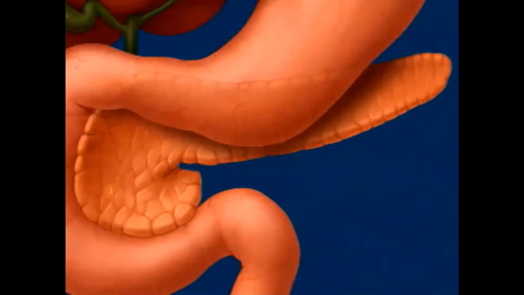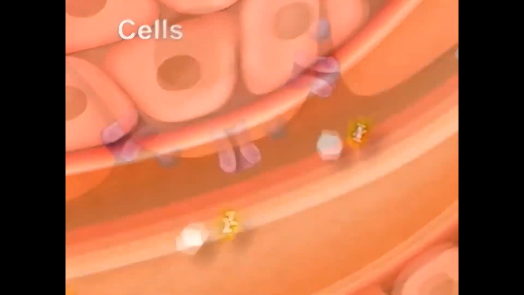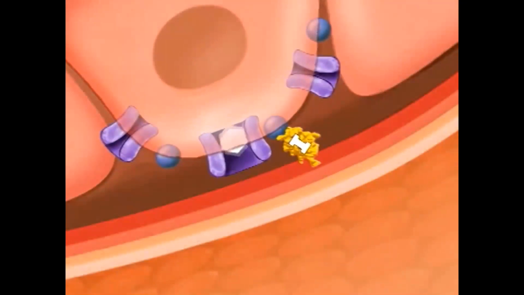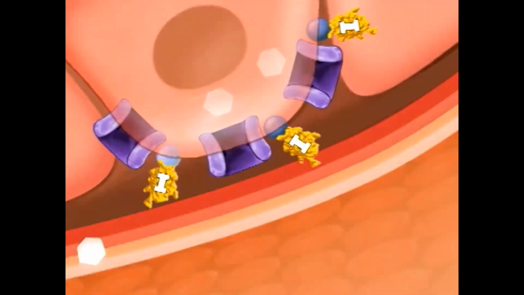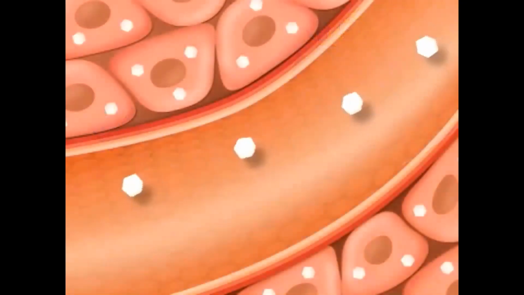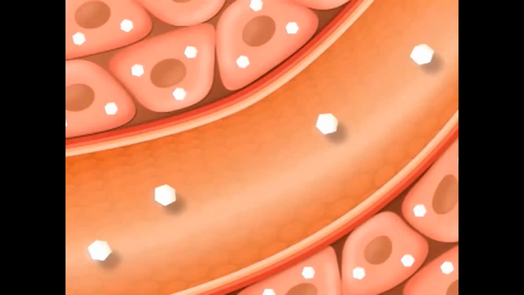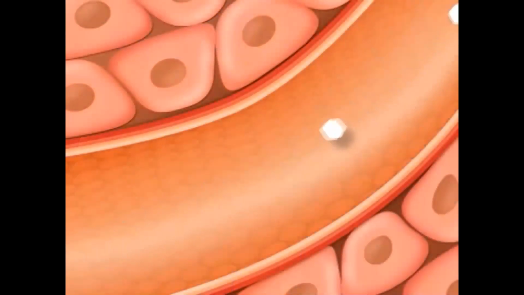Your pancreas responds to the glucose by releasing insulin. Insulin is responsible for allowing glucose into your body's cells. When the glucose enters your cells, the amount of glucose in your bloodstream falls. If you have type 1 diabetes, your pancreas doesn't secrete insulin, which causes a buildup of glucose in your bloodstream.